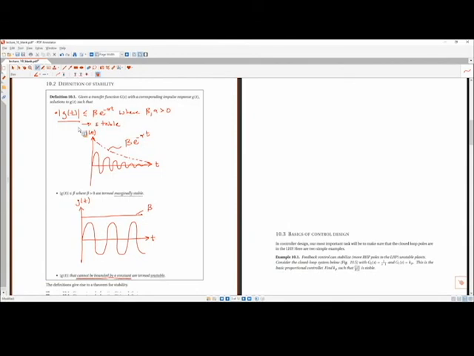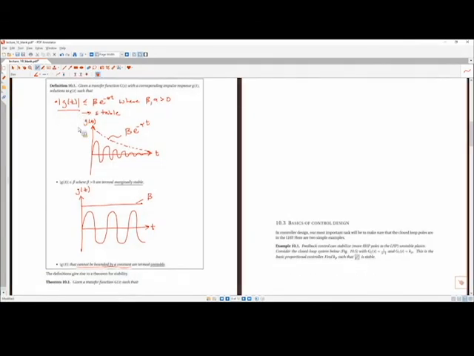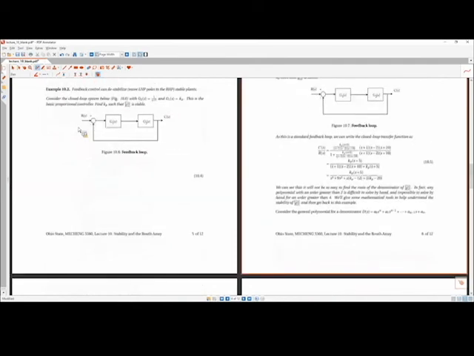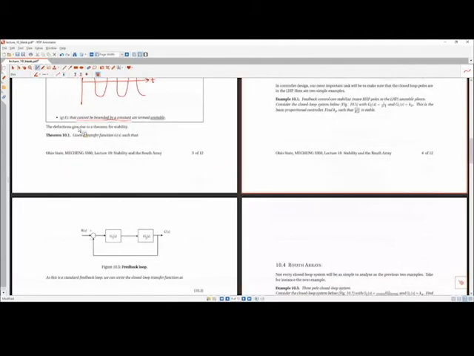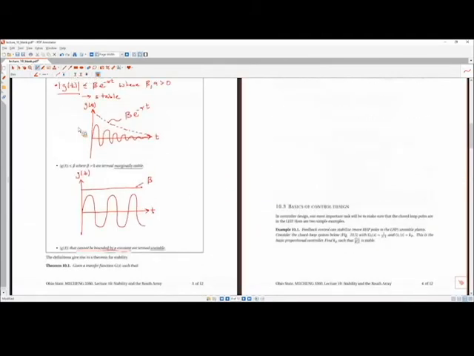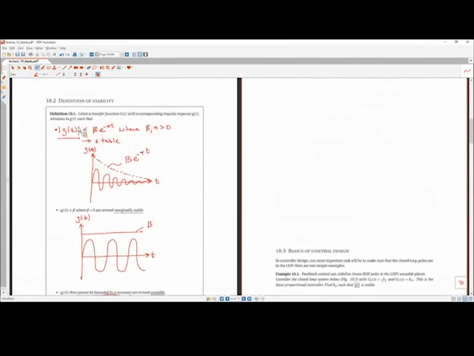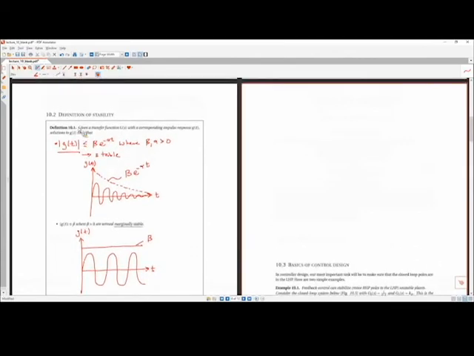Theorem 10.1 is a pretty basic theorem here. I'm within my last minute. This will be the last content I talk about today before I see a fraction of you on Friday. If the real part of all the poles of G(s) are less than 0, then we call this stable.